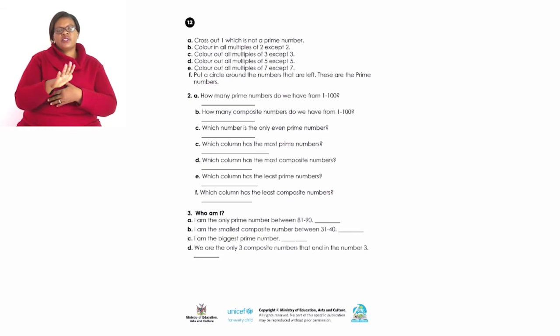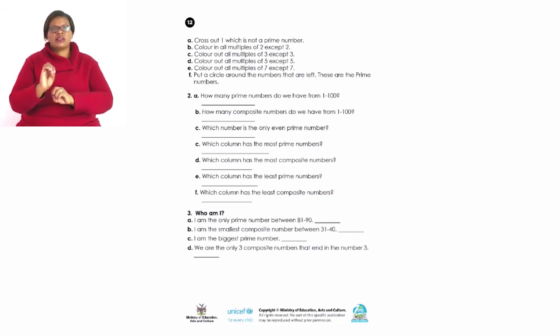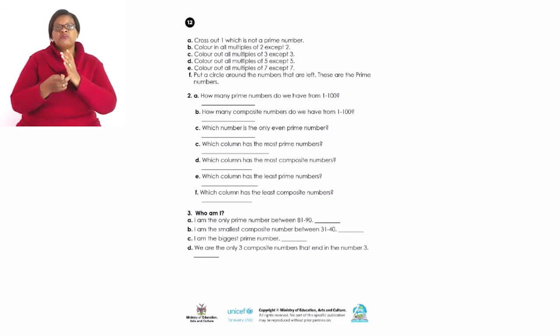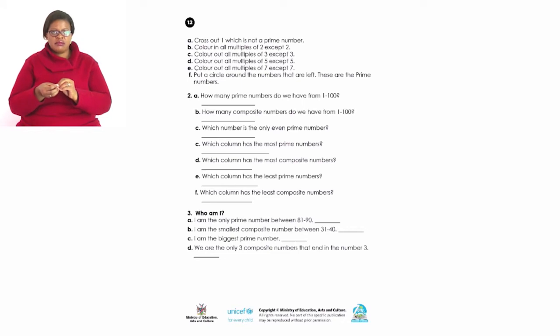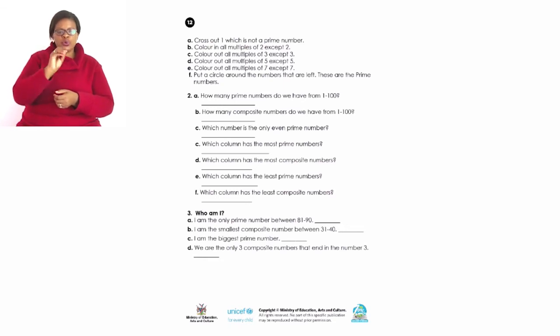You will notice that some numbers are colored and some numbers are not colored. So what does that mean? All the numbers that are not colored, they are your prime numbers. Okay? And if we look at question F, it says, put a circle around the numbers that are left.